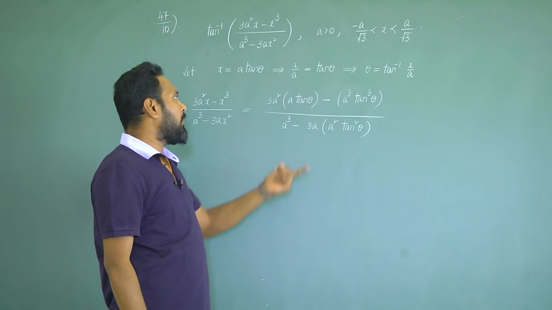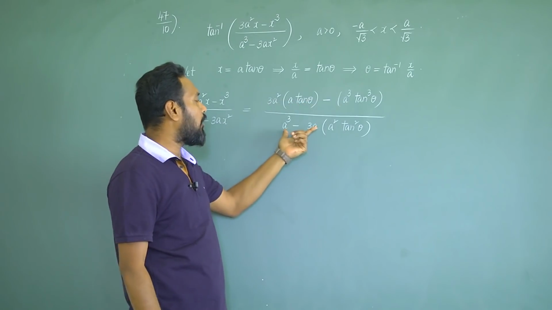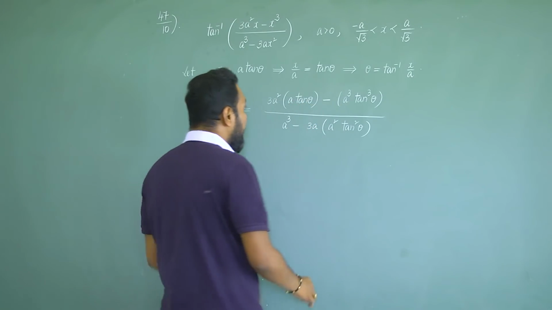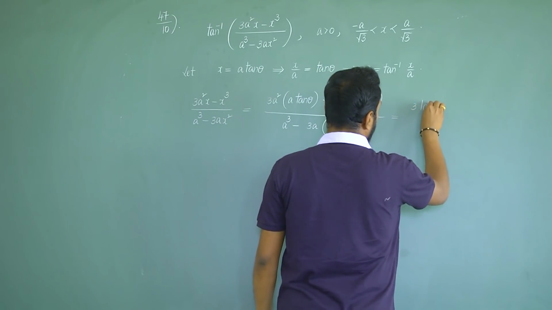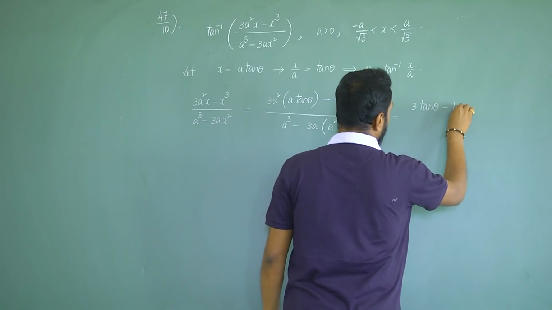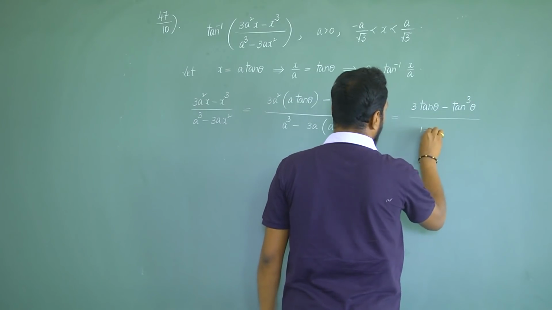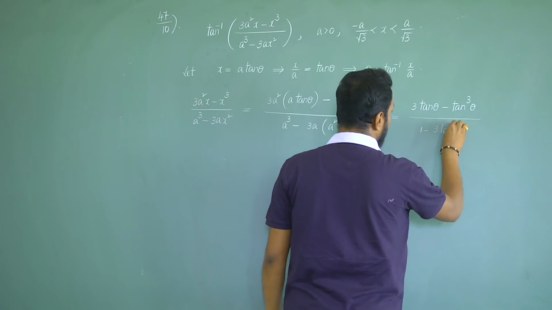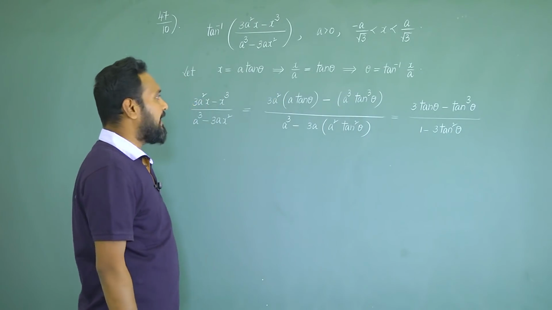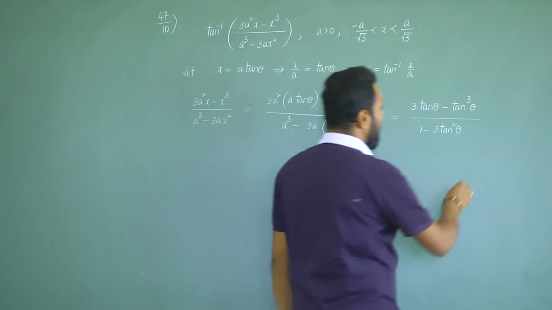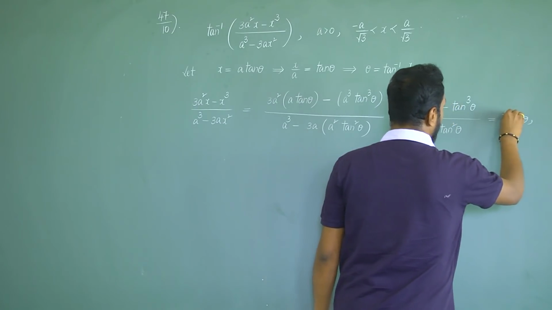I can take a power 3 common from both numerator and denominator and cancel. Then the leftover terms will be (3 tan theta minus tan cube theta) divided by (1 minus 3 tan square theta). The formula for this function is tan 3 theta.